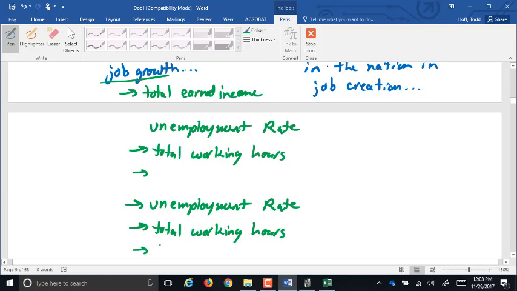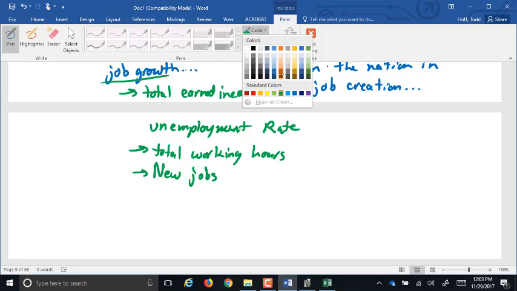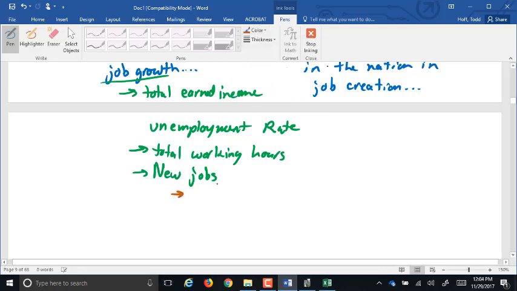Do you define it by only new jobs? Now, by new jobs, how do you define new jobs? There's several definitions of that. New jobs could be recalling laid off workers.